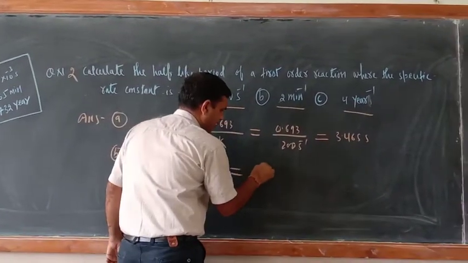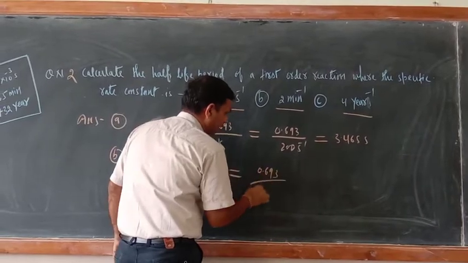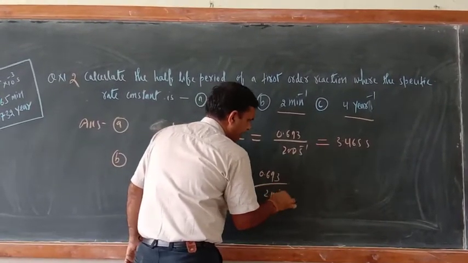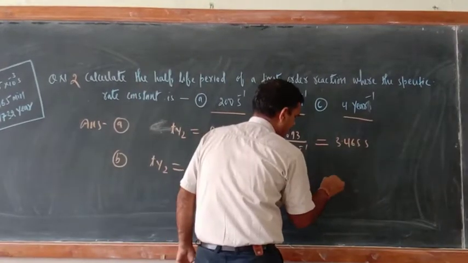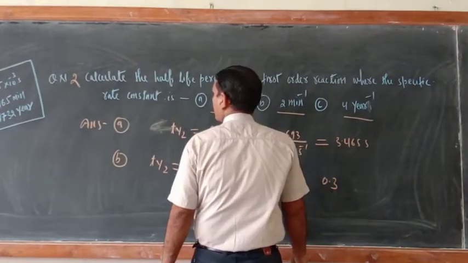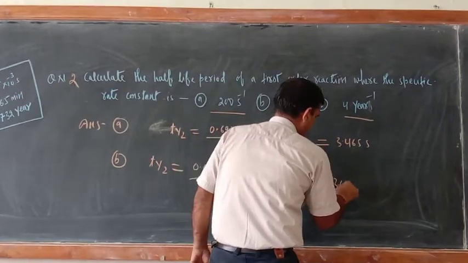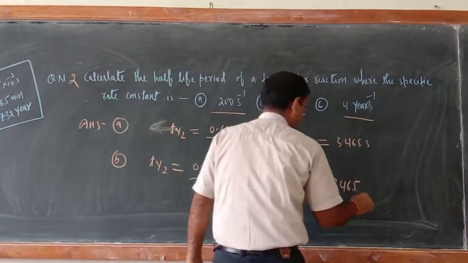So 0.693 divided by 2 minute inverse, that is equal to 0.3465 minute.